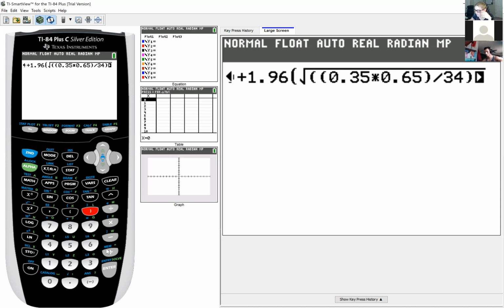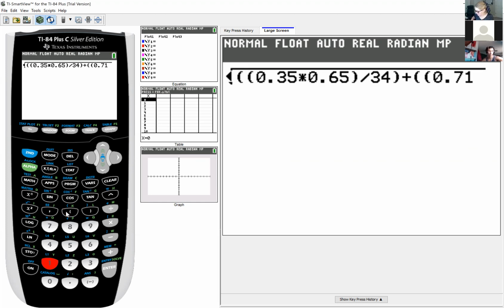So anyways, then I'm going to add to it, and I have another fraction, and I have 0.71 times 0.29, and then this is divided by 24. Okay, parentheses to finish it off. And then that should be good.